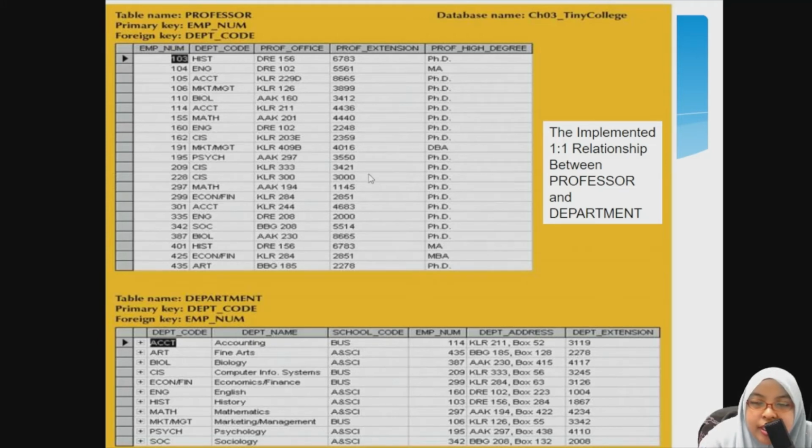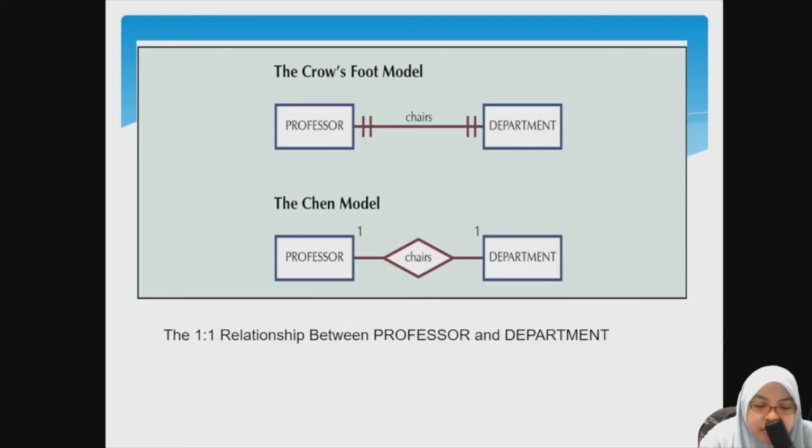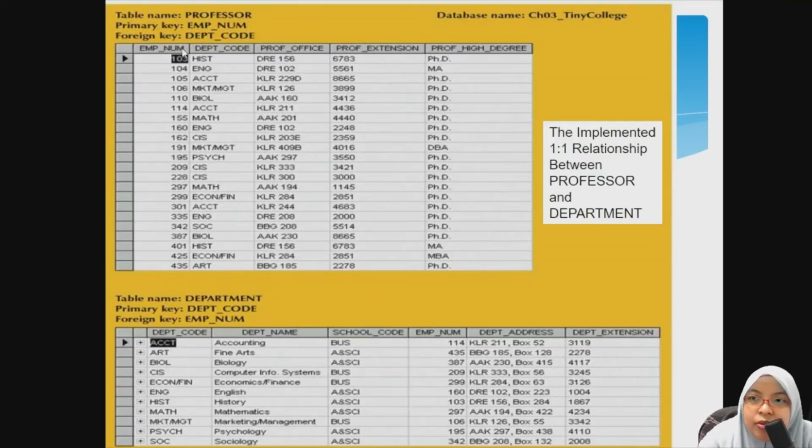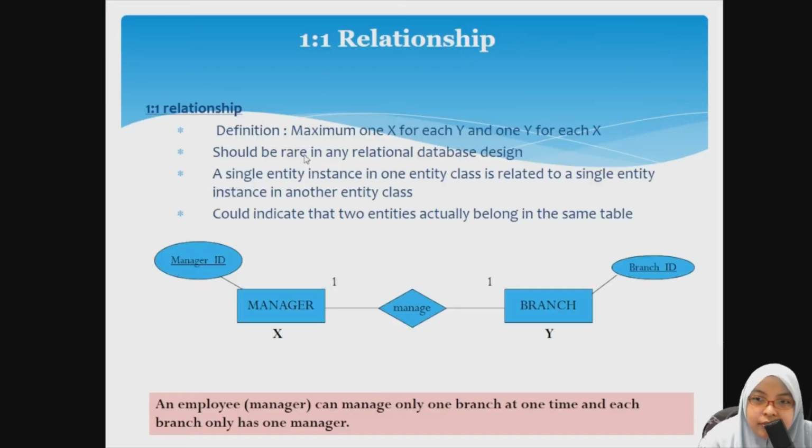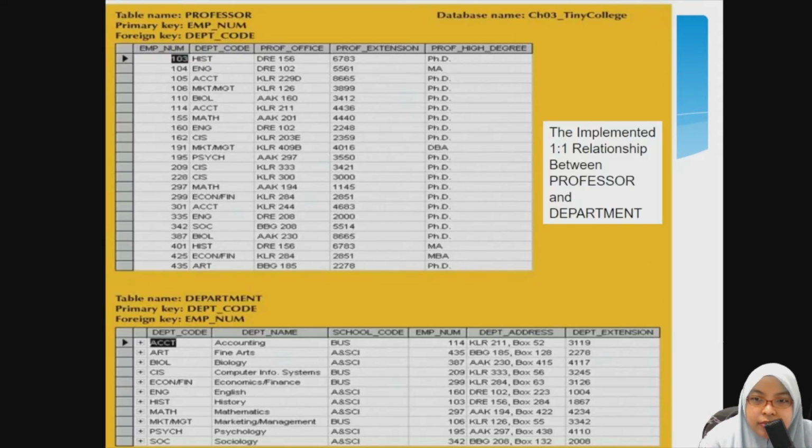Okay, so based on the ERD, we have professor and department. Department is another table: department code, department name, school code, and so on. In the professor table, we put employee number as the primary key. In the department table, we put the department code as the primary key. In order to show this relationship, the foreign key must refer to the department code. And in the department table, the foreign key is the employee number to show the relationship.